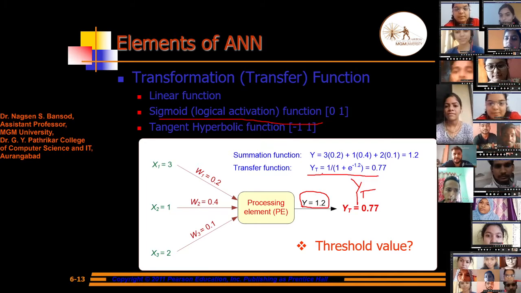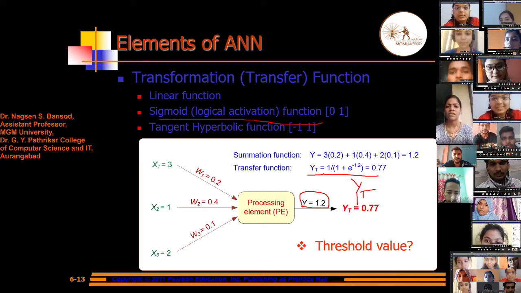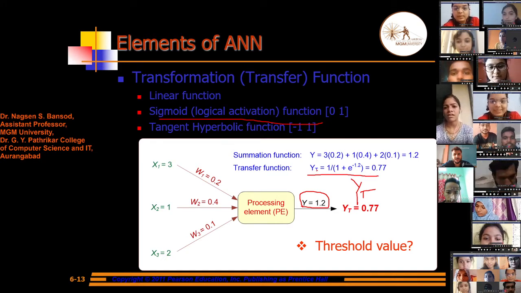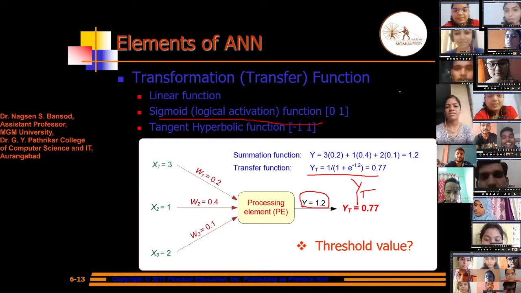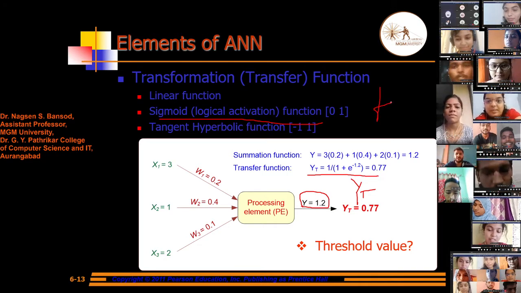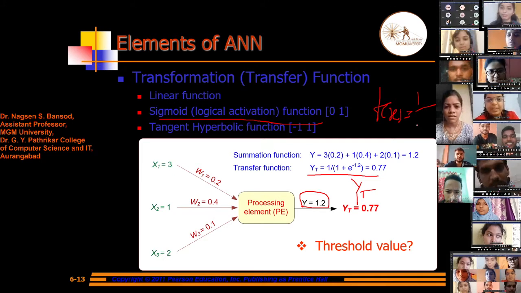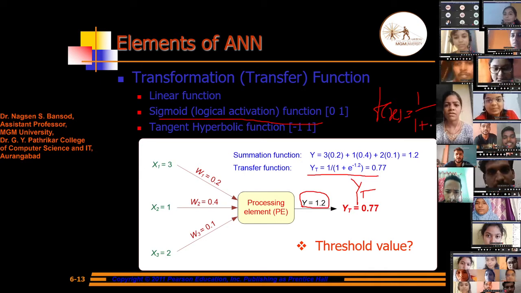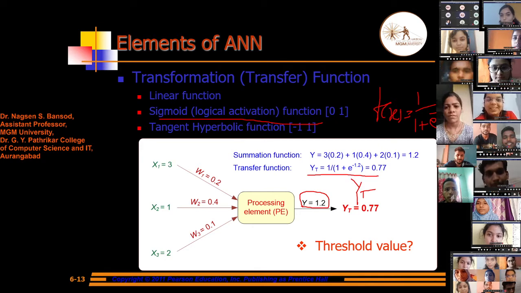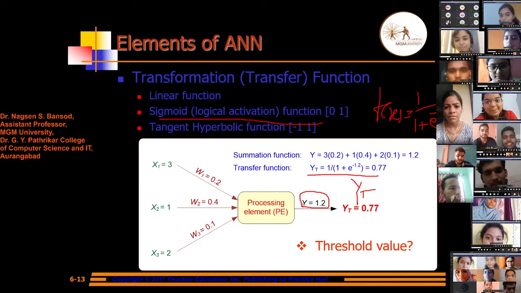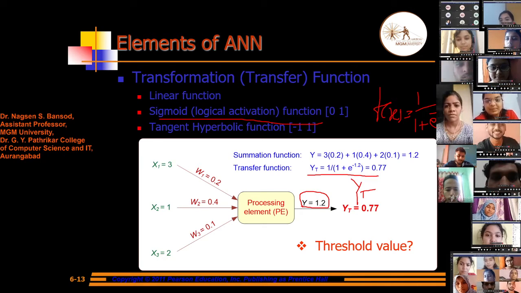Suppose we require the sigmoidal activation function for classification of the data, then we can transfer our data through it. For the sigmoidal activation function, there is a general formula: f of x equal to 1 upon 1 plus e raised to minus lambda, where lambda is the output y.